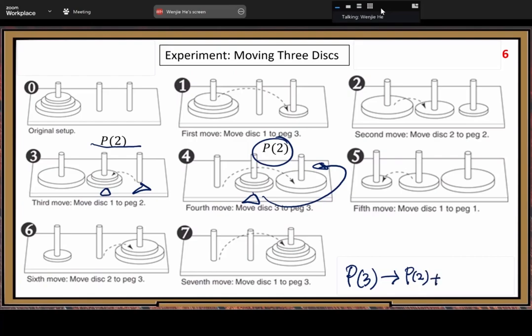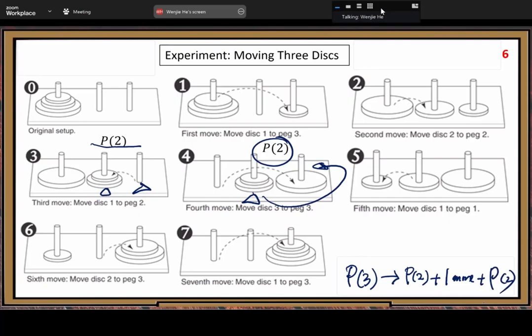After P of 2, we need to move the bottom disk from its starting position to the end position, which is a 1 disk move. After that, we need to apply another P of 2 solution.